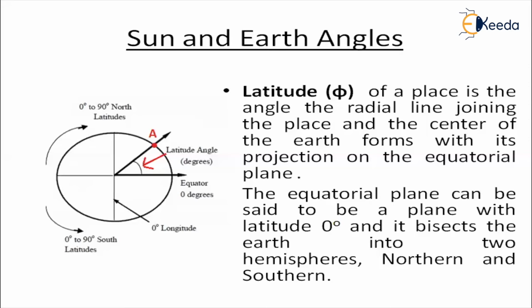As we go to the north it reaches 90, and in the same way to the south, again 90. That is how latitude angles are defined. So for a point A on the Earth, the latitude is the angle between the equator, that is 0, and that place, as shown in this figure.